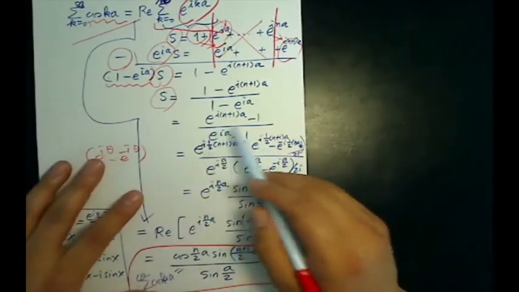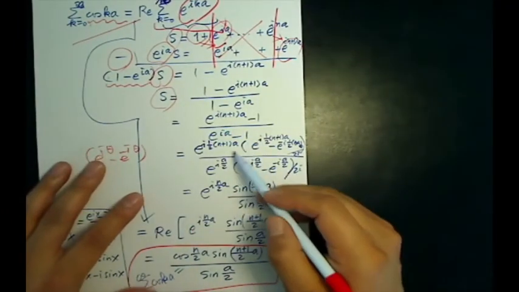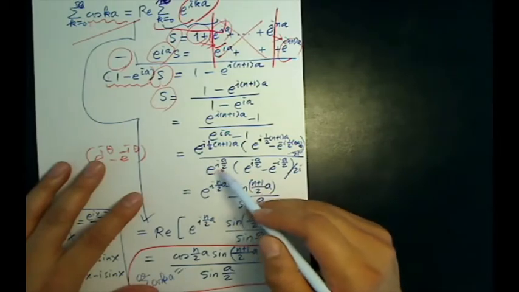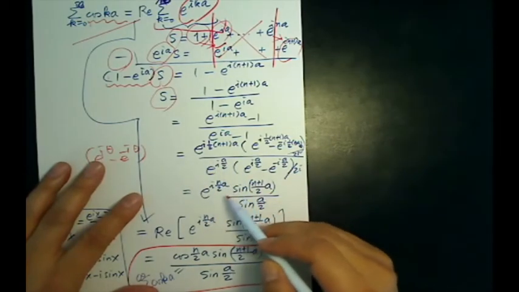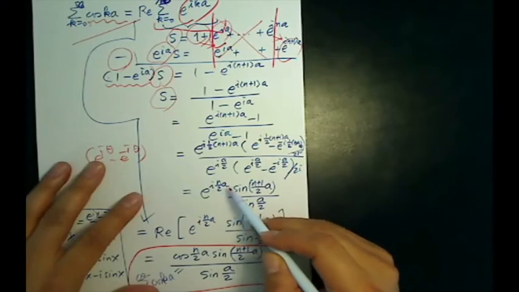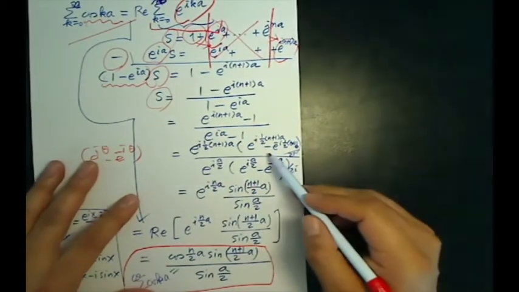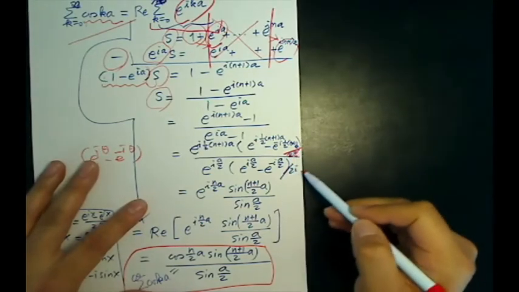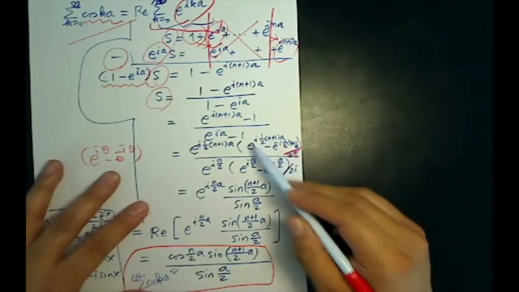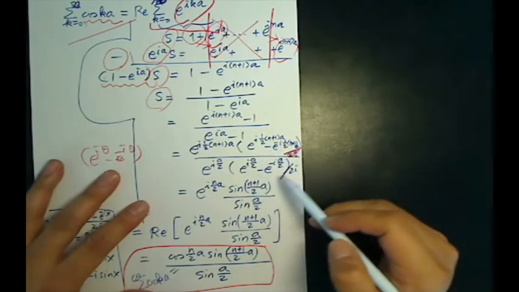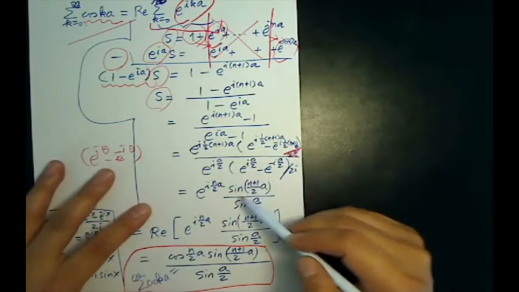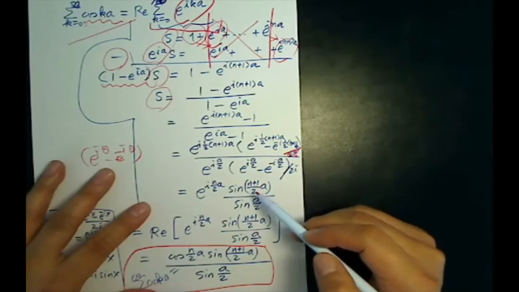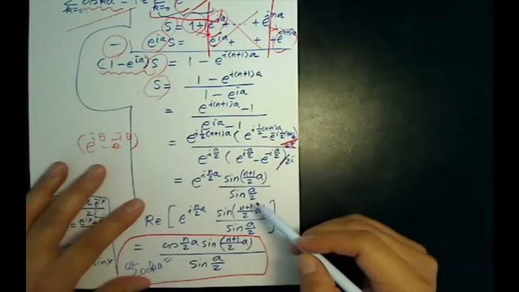And in the denominator too, this one cancels the over-factor in the denominator to find the exponential i, half of n multiplied by a. And these two, if we divide by 2i and 2i, then we find this is a sine, and this is sine too. So the numerator is sine of one half of (n plus 1) a, and the denominator is sine of half of a.